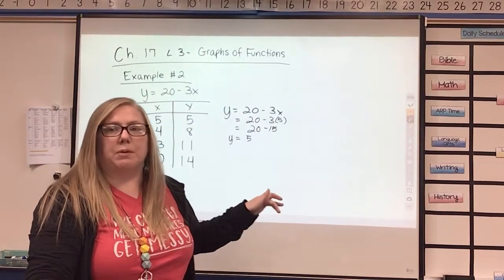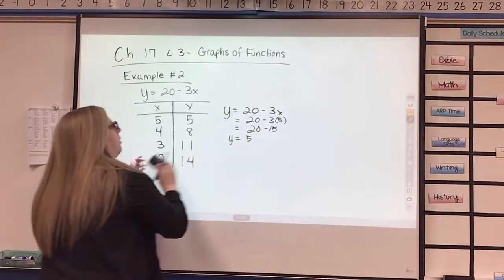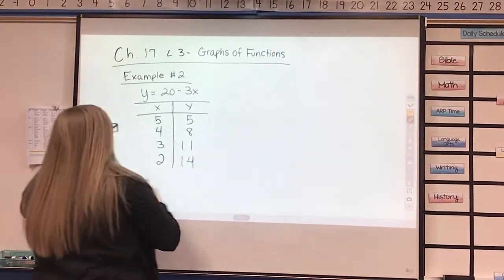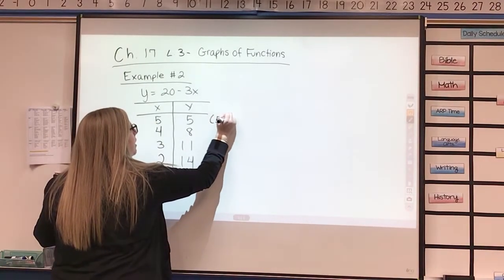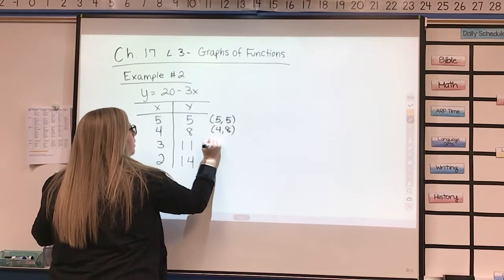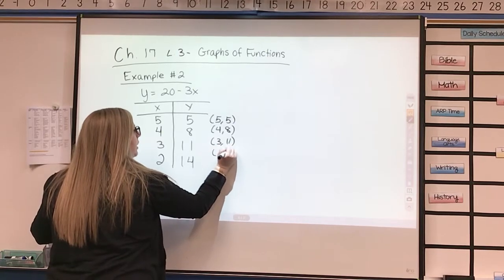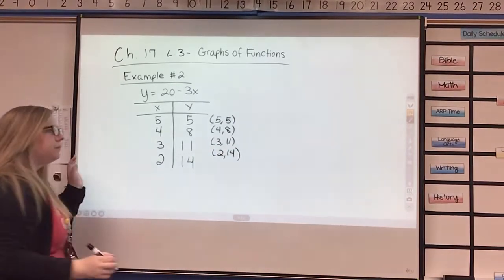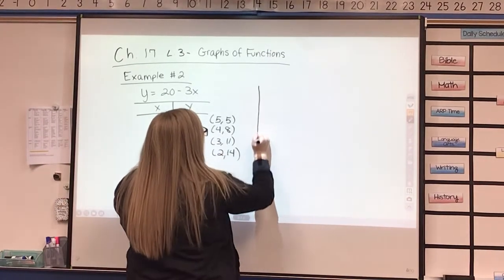Now that I have this, I'm going to write my ordered pairs. I'm going to erase my little equation here. So this is 5 and 5 and 4 and 8, 3, 11, and 2, 14. So now I'm going to graph, and I'm going to try to make this one a little bit bigger.